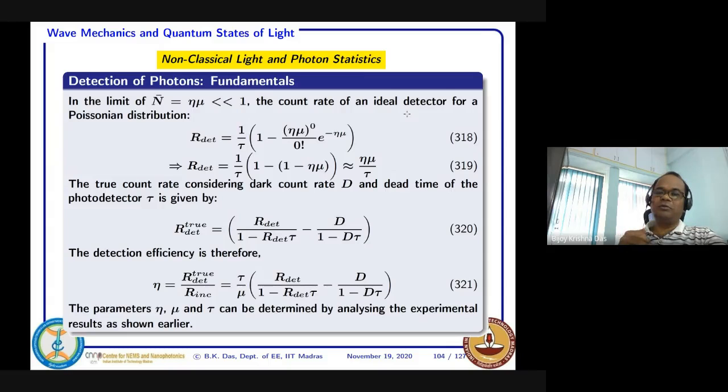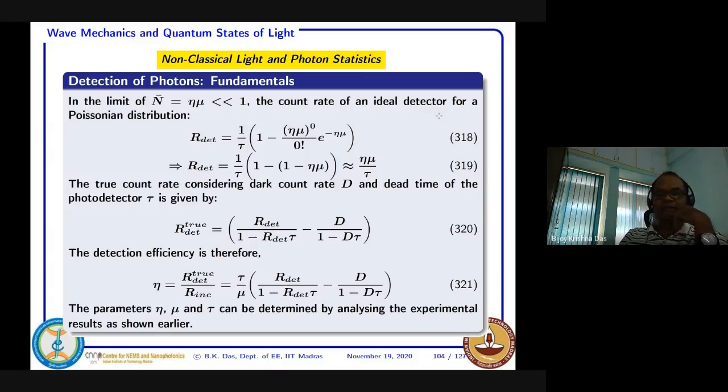That is what is called ideal. Ideal does not mean here eta equal to 1. Eta can have some value, but other things, electronics-related noise, everything is absent. So for that ideal detector and for a Poissonian distribution, the detection rate can be expressed like this.